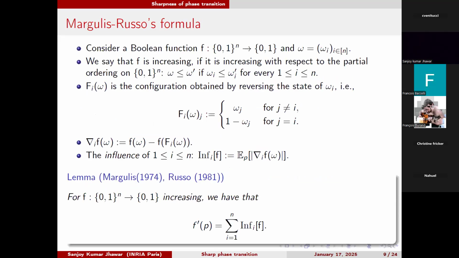Okay. And one can see some sharp phase transition results using the Margulis-Russo formula. Let me just state the result by Margulis and Russo separately.